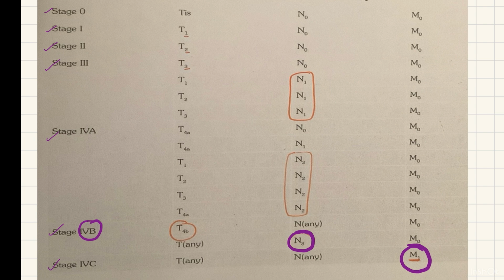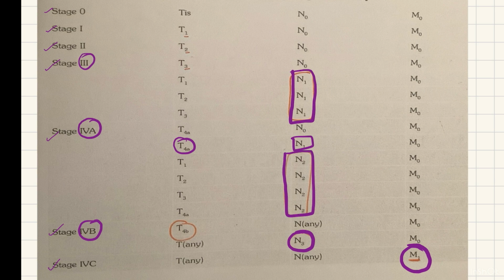Then we have N2. This is the N2 nodal status that is only present in stage 4A. So 4A has N2, 4B has N3, and 4C has Mets. Then stage 3 has nodal status N1. So N1 stage 3, N2 stage 4A, and N3 stage 4B, Mets in 4C. This was only to simplify this.